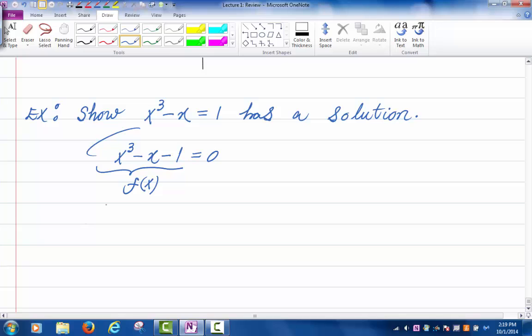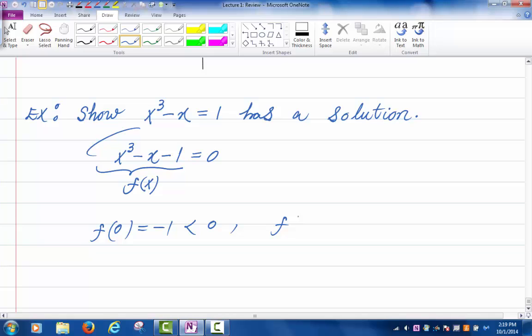So can someone give me a value of x where f is negative? What's that? 0. Notice that f of 0 is negative 1, which is a negative number. Can you give me a value of x where f is positive?